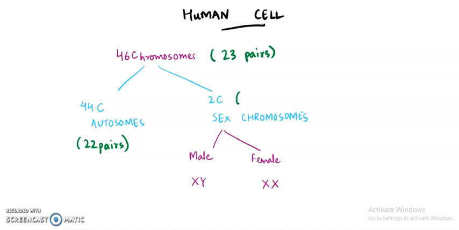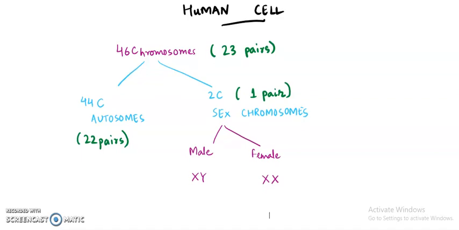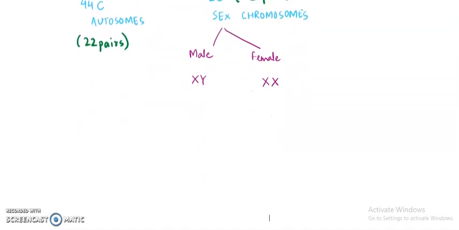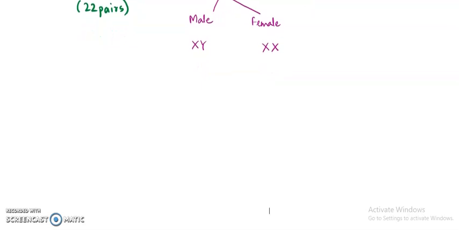So either you should write in pairs or in whole numbers, and there is one pair of sex chromosomes. So males contain XY sex chromosomes and females contain XX sex chromosomes. The sex chromosomes differ in human beings, because of which 2 sexes are there.